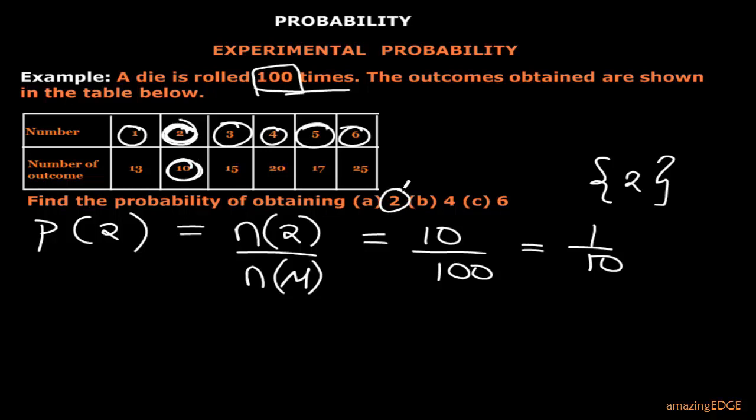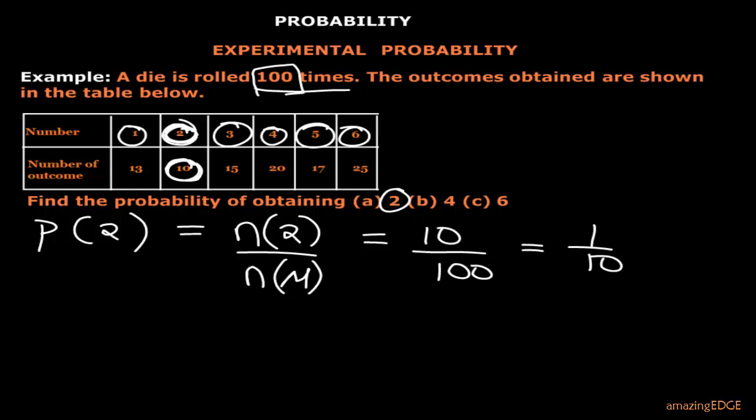The probability is based on my previous observation. So I use the number of times it appeared when I rolled 100 times, which is 10, over the total number of occurrences, which is 10 over 100, which is 1 over 10. So this is an experimental kind of probability.